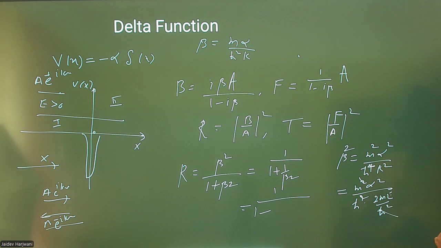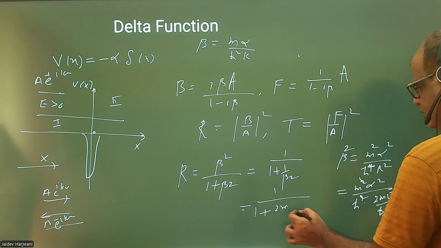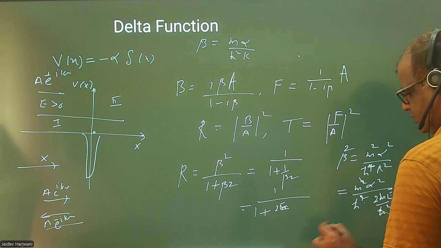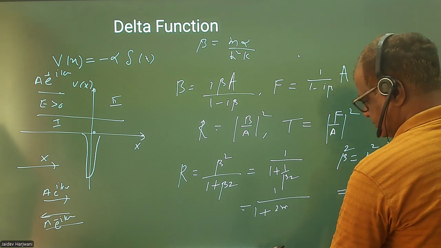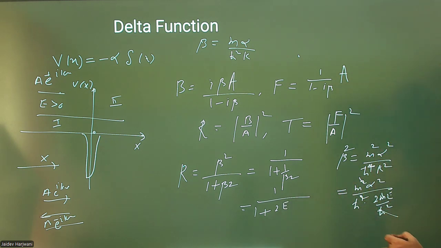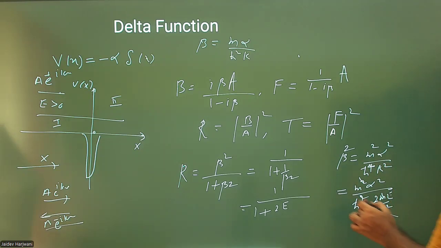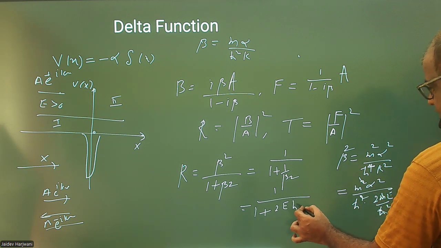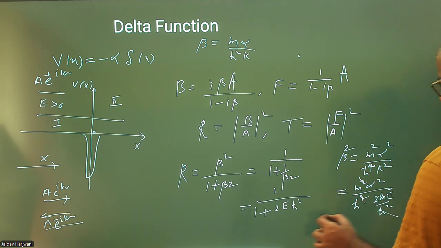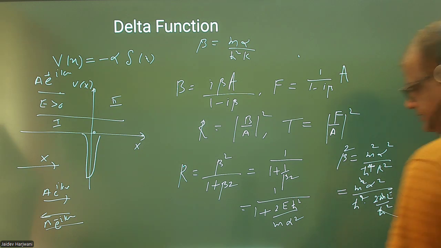Okay, so this is beta square. So 1 by beta square will be 2E, m cancels out, and you have h cut square also remaining: 2E h cut square upon m alpha square. This is your reflection constant.